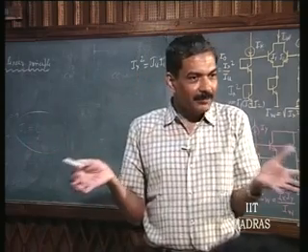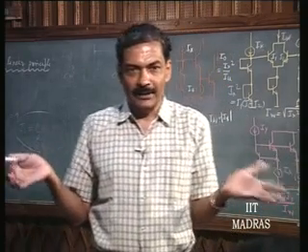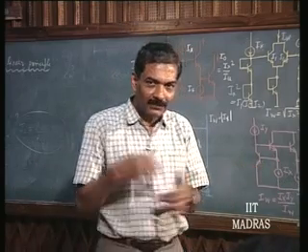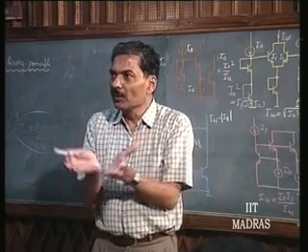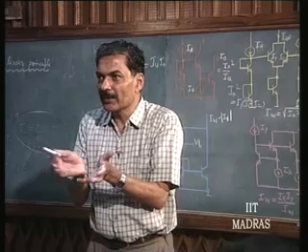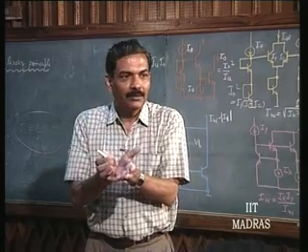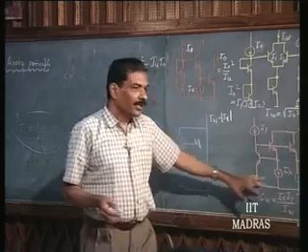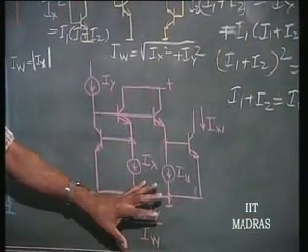That basic principle can be used for multiplication, division, everything. So, you can formulate a large number of such 4 diode loops, and all of those 4 diode loops will become multiplier circuits.